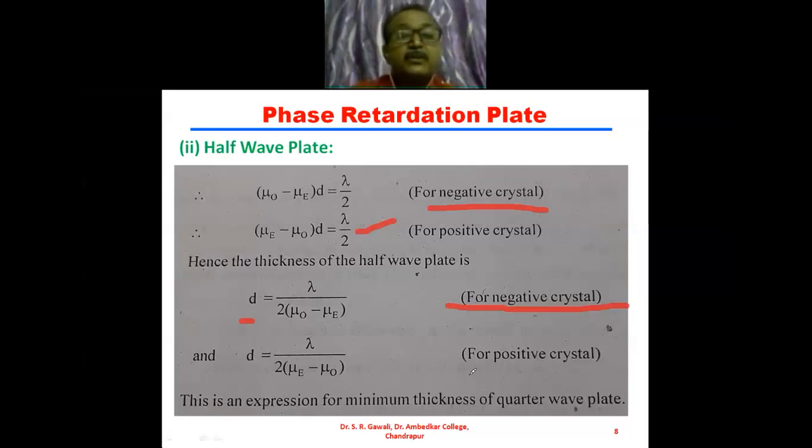So this is an expression for the minimum thickness of the half wave plate. Many times this derivation can be asked in the examination, so you must do it. This is a very important topic, the half wave plate and quarter wave plate.